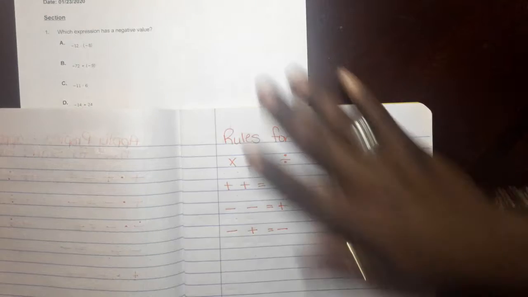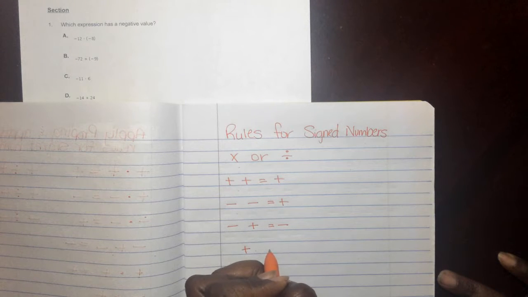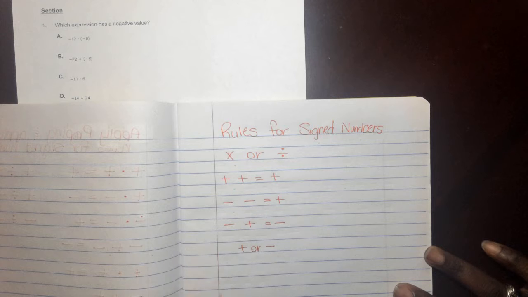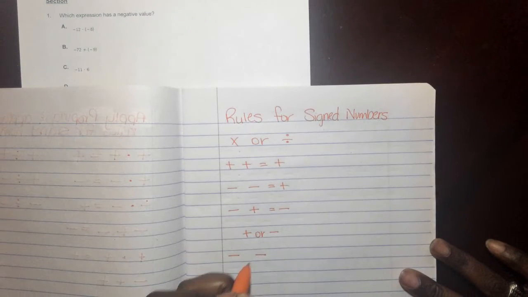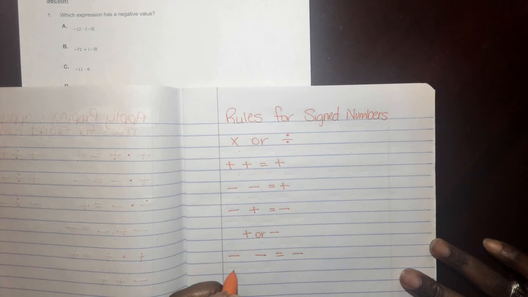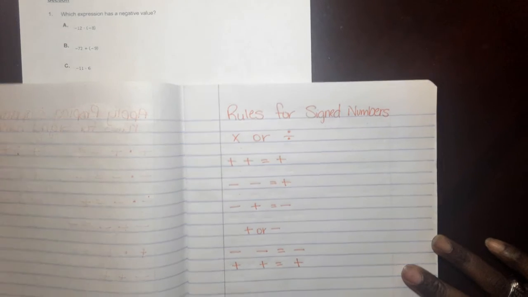All right. And then when we are talking about addition and subtraction, if we are going in the same direction and we're going in the negative direction, then our answer is still going to be a negative. And if we're both going in the positive direction, then our answer is going to be a positive.